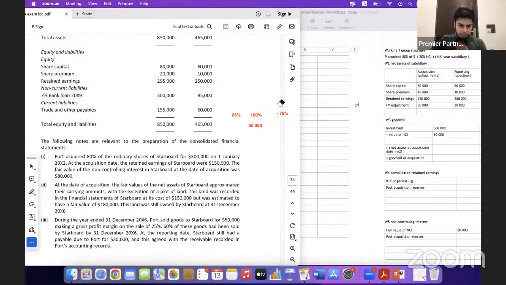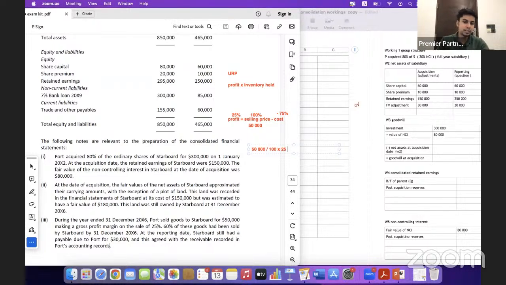So let's forget about the markup for the time being. It is not relevant. Right now, guys, let's focus on our one. So 50,000 is represented by 100. So divide by 100, multiply by 25. If someone is thinking why we are multiplying by 25, guys, again, listen. What is the adjustment name? URP. To do the URP, profit is 25%. That's why I'm saying 25%. No need to work out 75%. You don't need to waste your time. Just work out 25% because I need only profit.